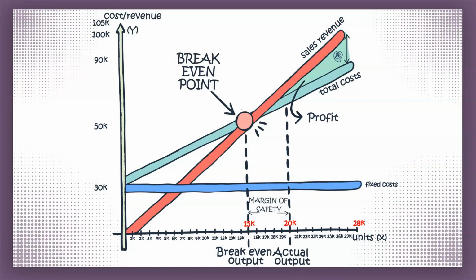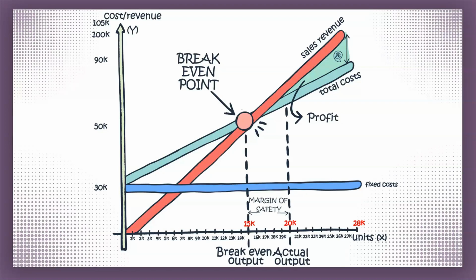Yaz's margin of safety is 20,000 units that she actually expects to sell minus 15,000 units that she needs to sell to break even, and this gives her a margin of safety of 5,000 units. So this means that Yaz's output could fall by up to 5,000 units below her predictions before she actually starts to make a loss.